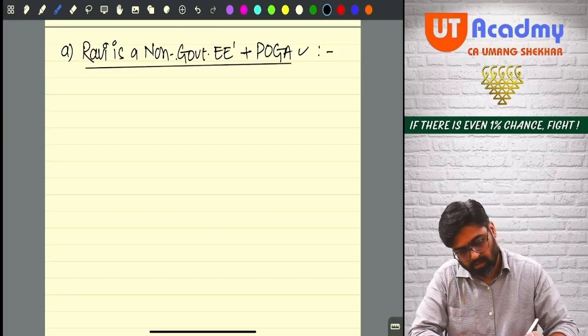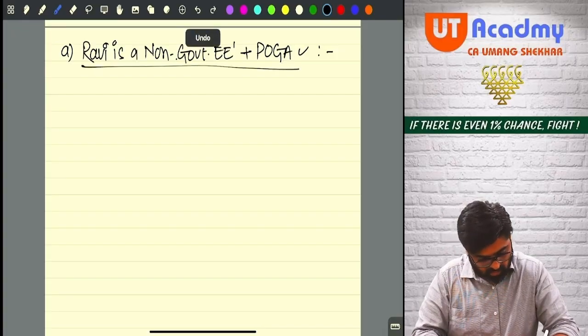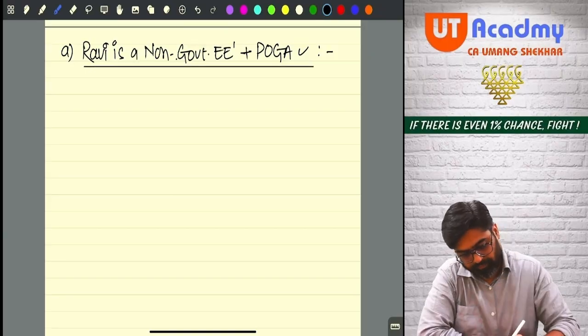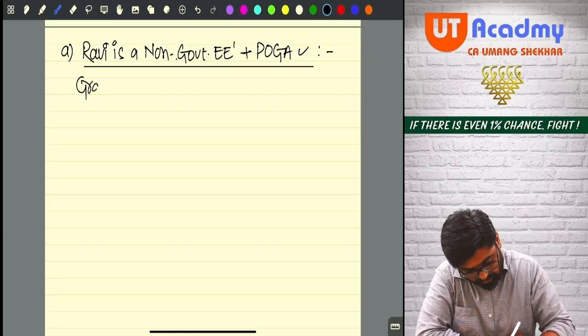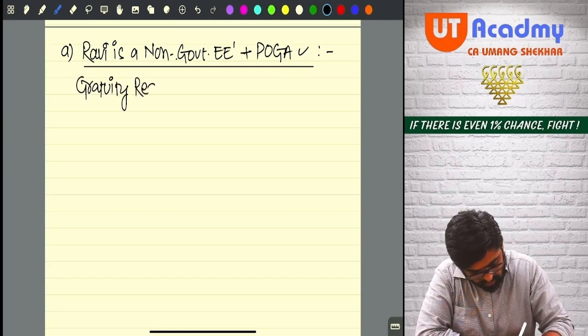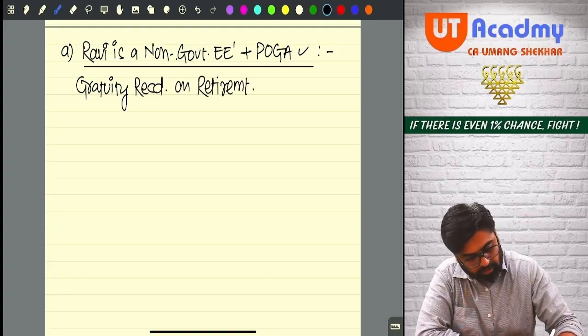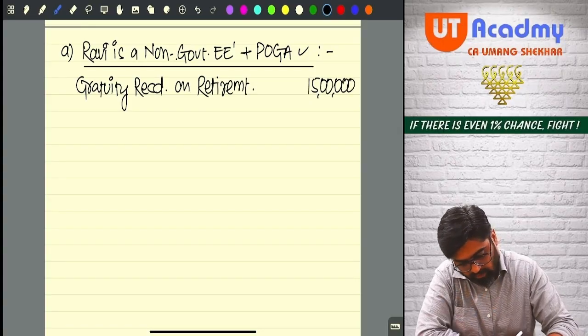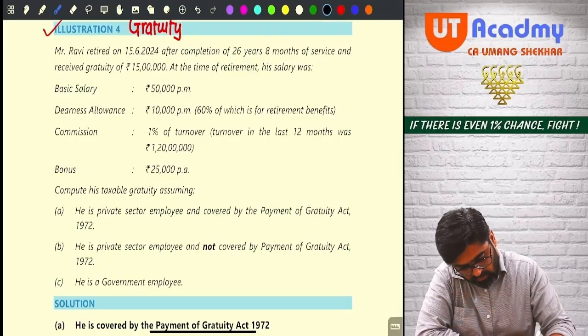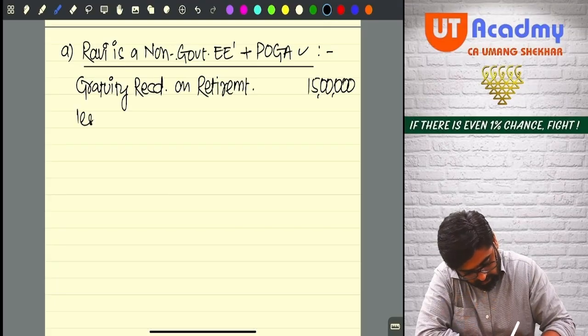Okay. Now, gratuity received on retirement is how much? 15 lakhs, no? 15 lakhs? Yes.